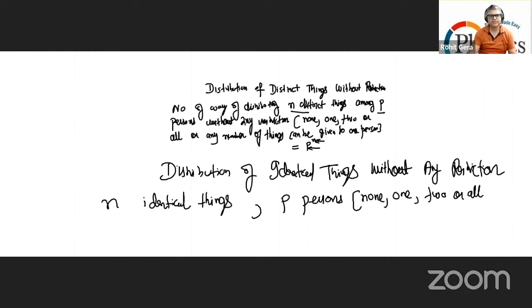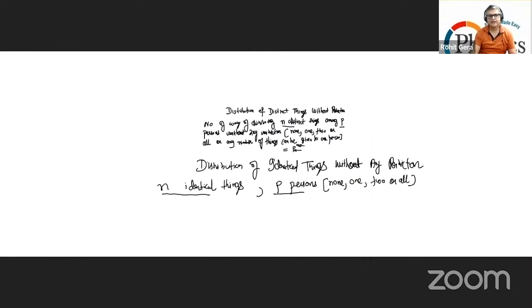So the number of ways of distributing n identical things among p different people is given by n plus p minus 1 C p minus 1.